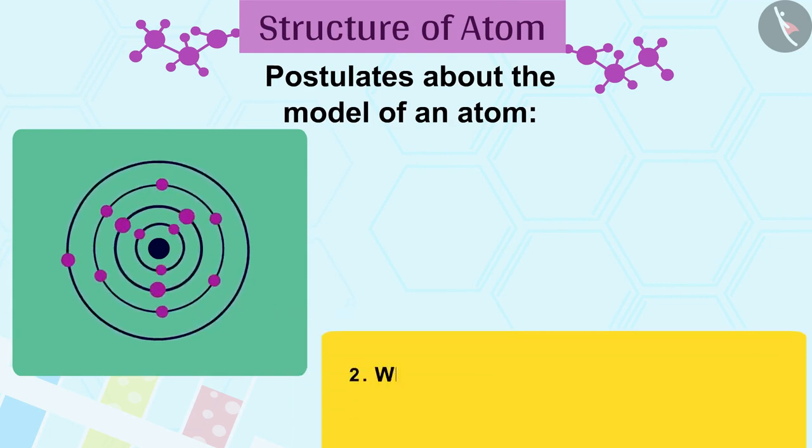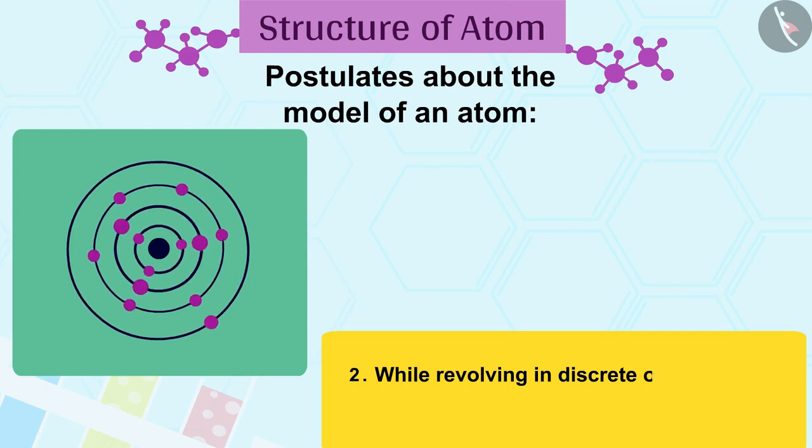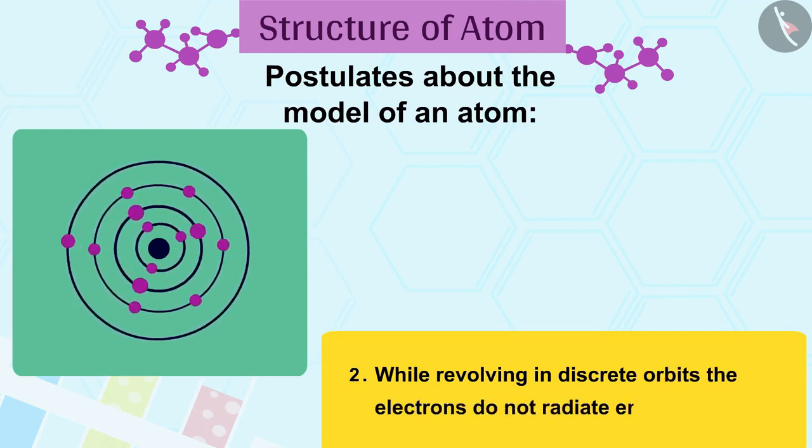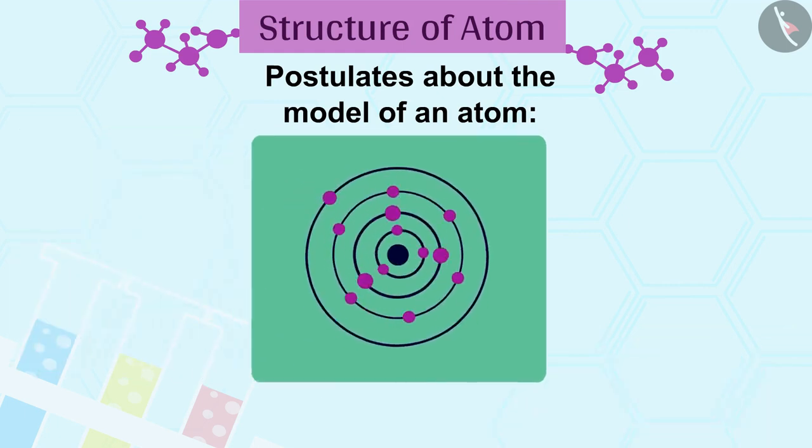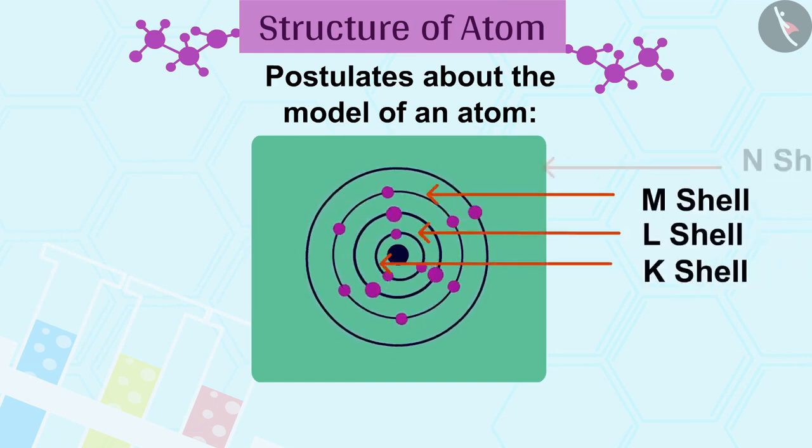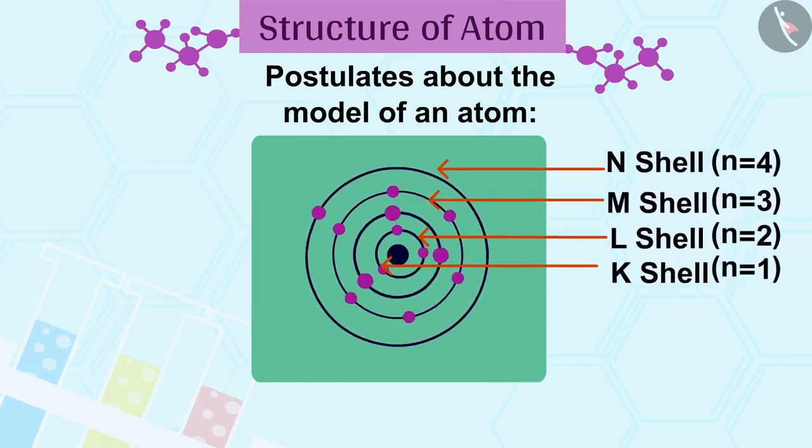Two, while revolving in discrete orbits, the electrons do not radiate energy. These orbits or shells are represented by the letters K, L, M, N, or the numbers n equal to 1, 2, 3, 4, and so on.